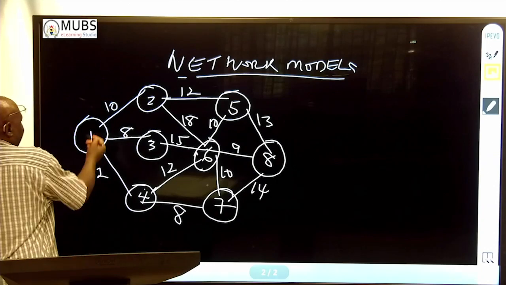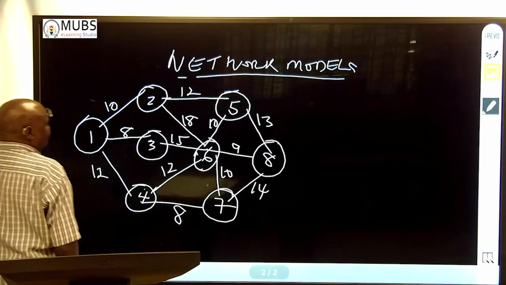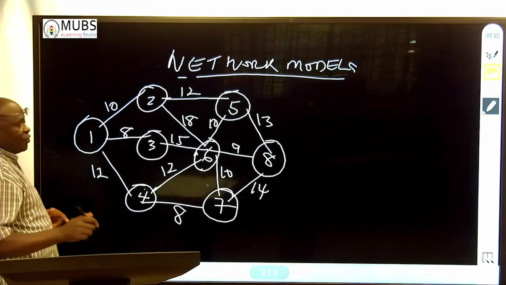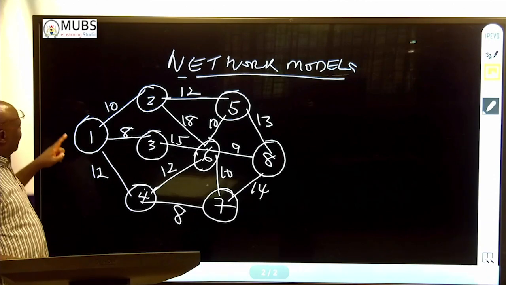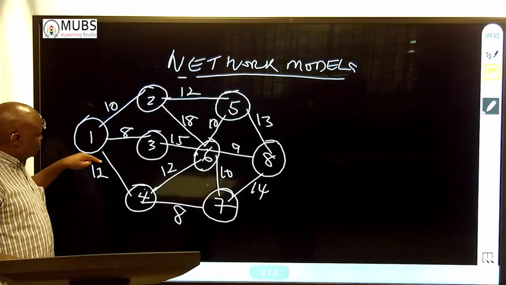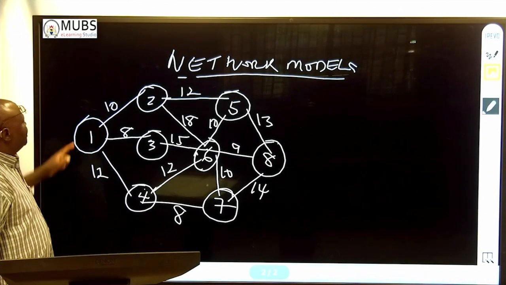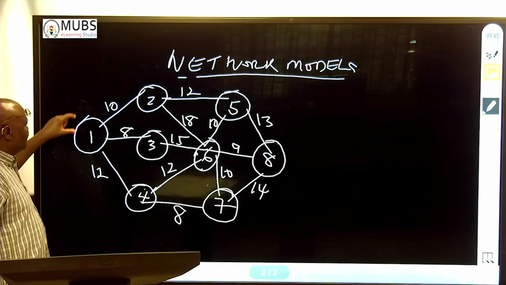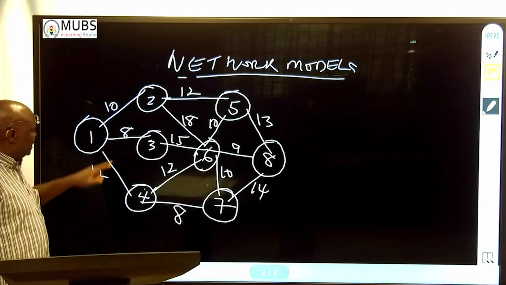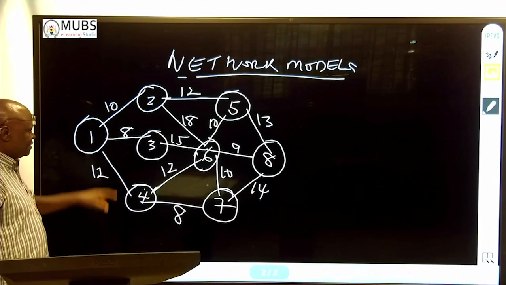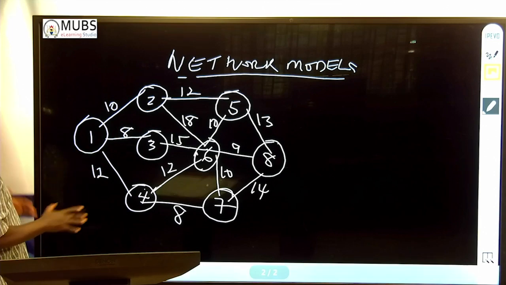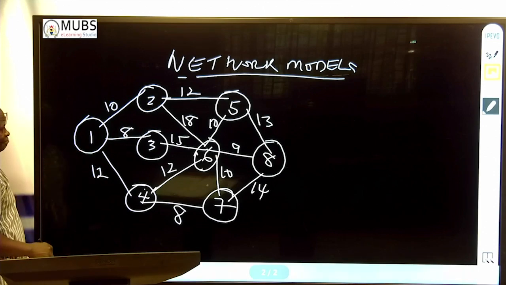For example, let's begin with node 1, housing unit 1. If you look at this network, housing unit 1 can be connected to housing unit 2, 3, or 4. The distance between 1 and 2 is 10, between 1 and 3 is 8, and between 1 and 4 is 12. So which of these minimizes the distance?